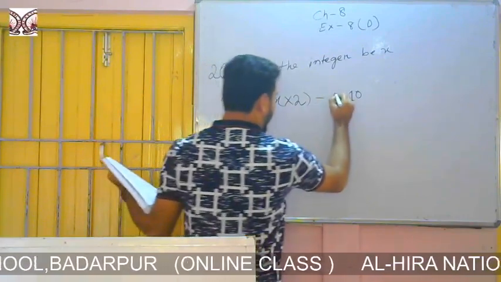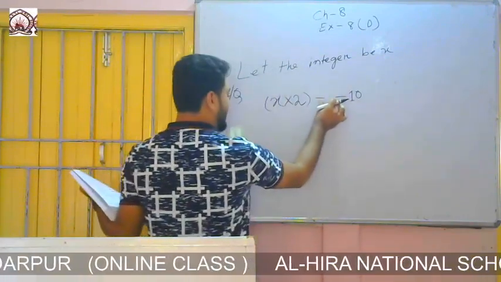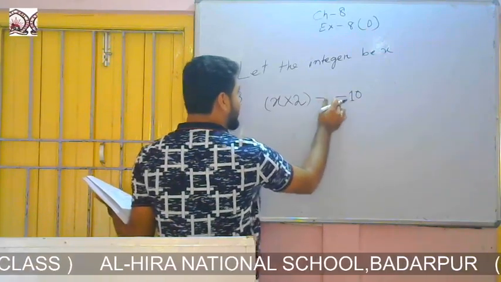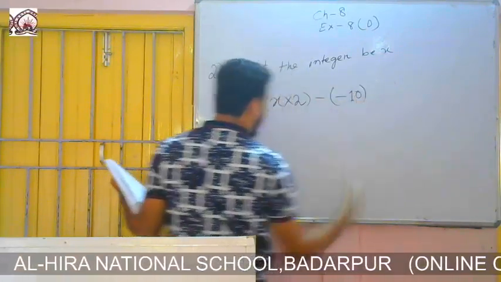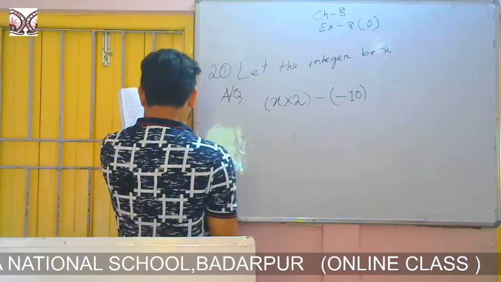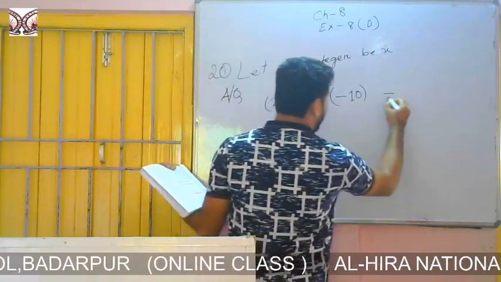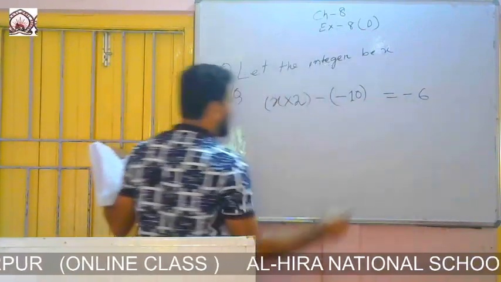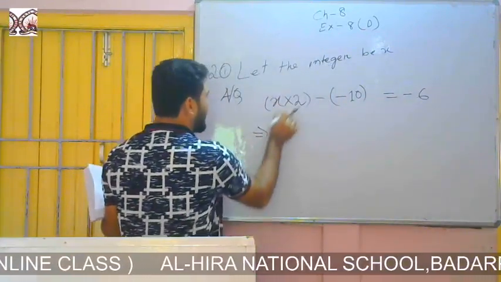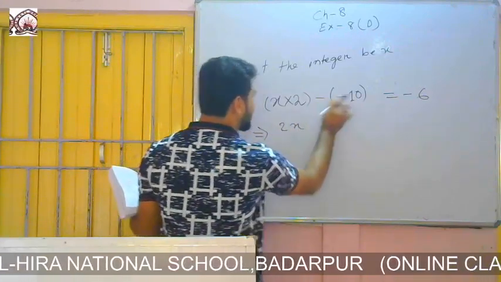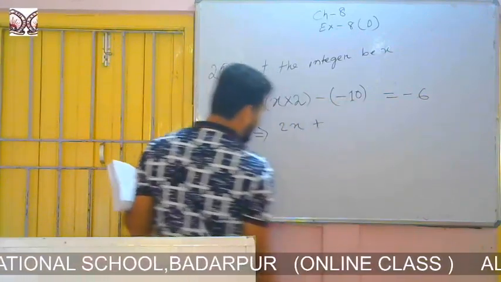So we cannot write two operators at a time, so for that reason we give one bracket. Minus 10 from me, the result is minus 6, that means equals minus 6. Now 2 into x means twice x, and here minus minus means plus.